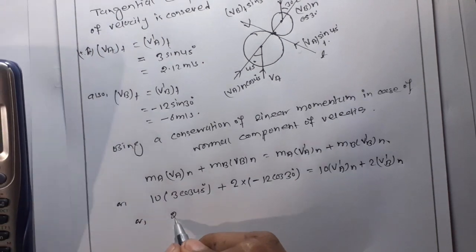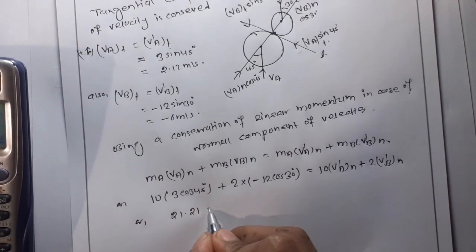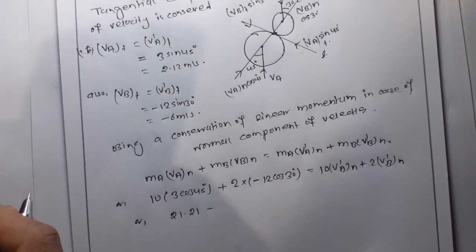So this is 21.21 minus 12 cos 30 into 2, right?